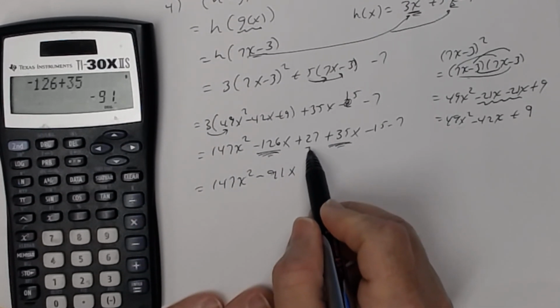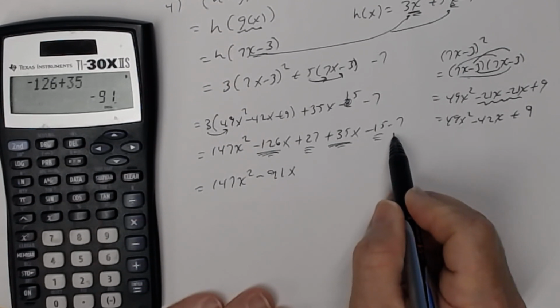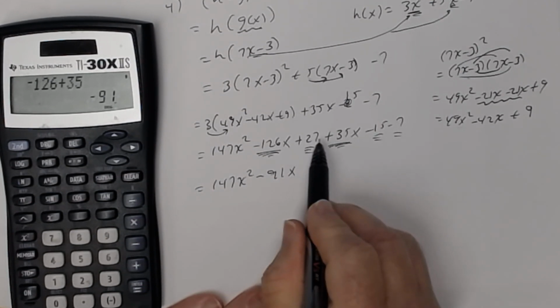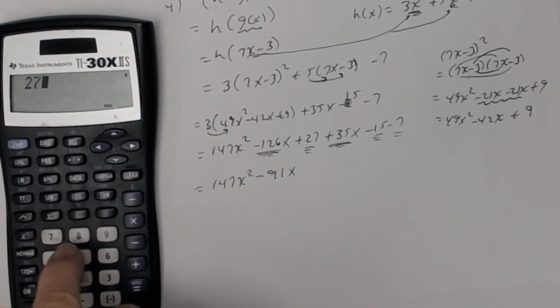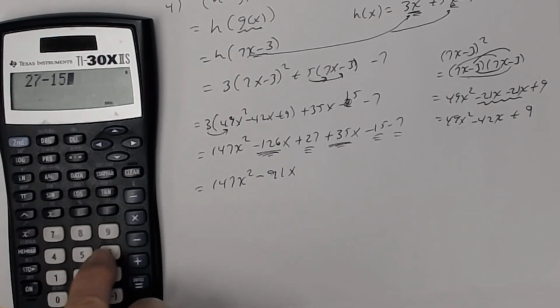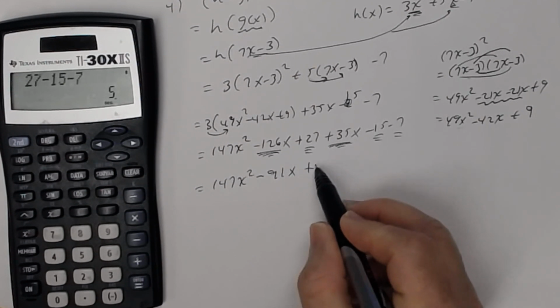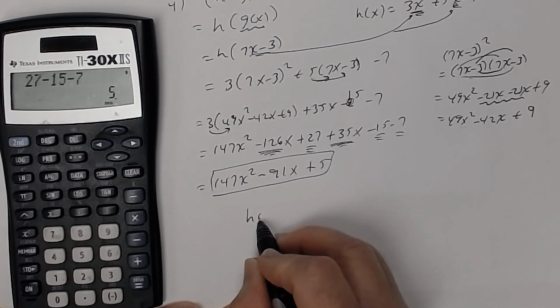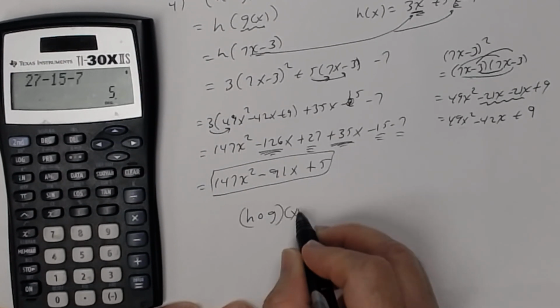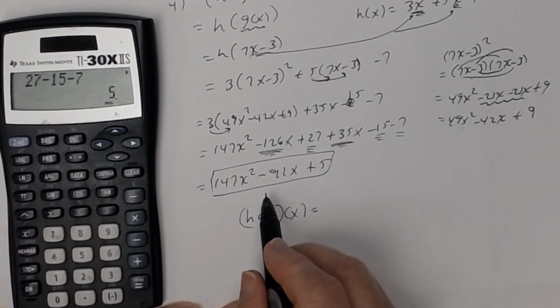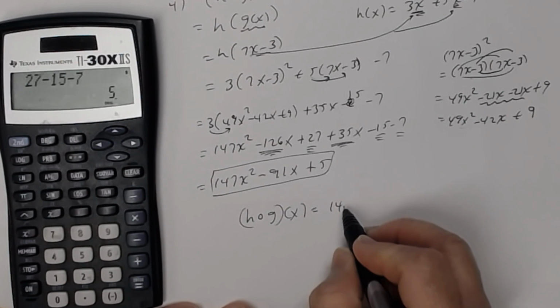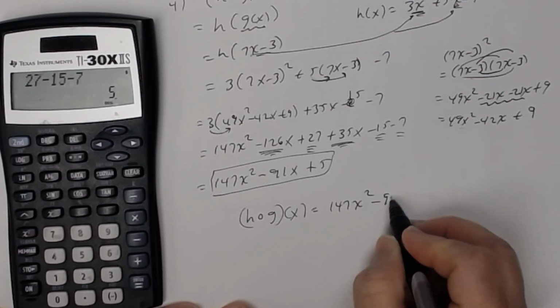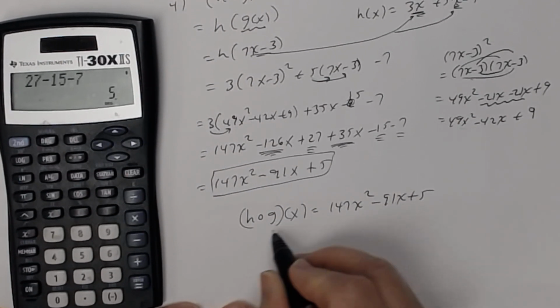All right, now 27, subtract 15, subtract 7. Those are your constants. So 27, subtract 15, subtract 7 equals a positive 5. And there's your answer. So H composed with G at x is going to equal this trinomial. So 147x squared minus 91x plus 5.